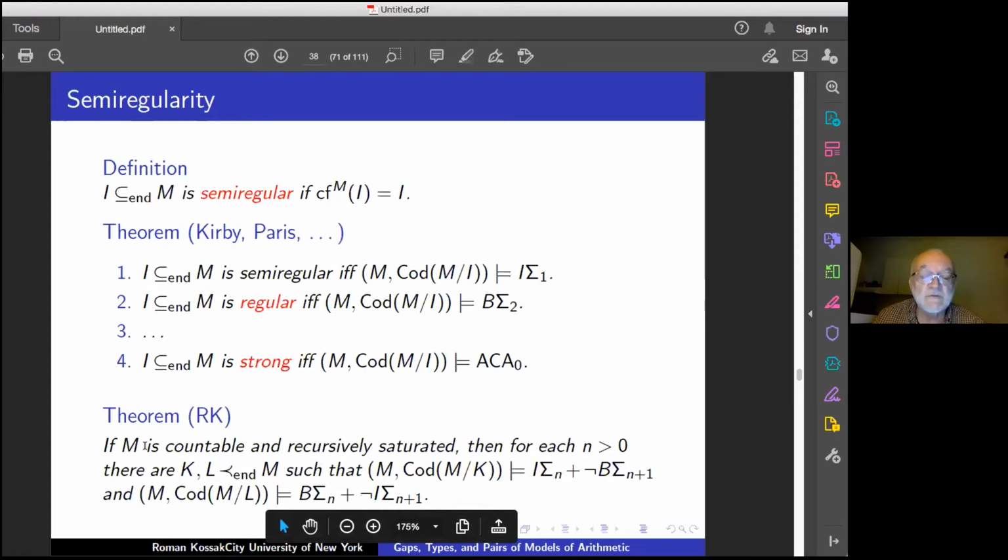But there is a simple argument that can be used in the case of recursively saturated models that shows that any countable recursively saturated model M has cuts K and L, such that K satisfies induction at some level n and not collection at the next level, and L has collection but not induction. So this adds to this hierarchy of theories that are here.